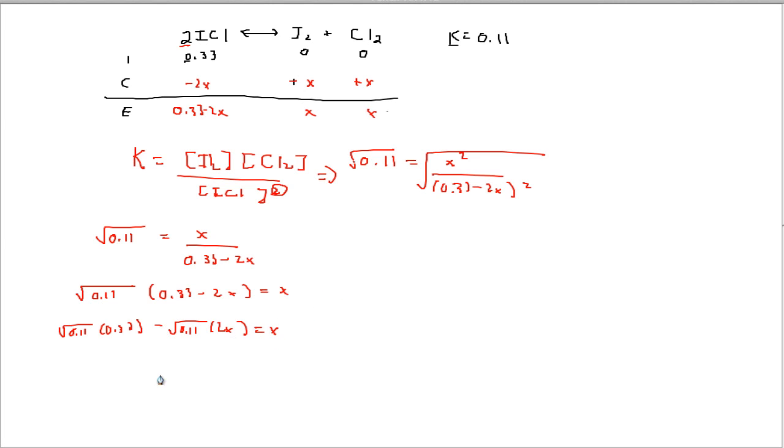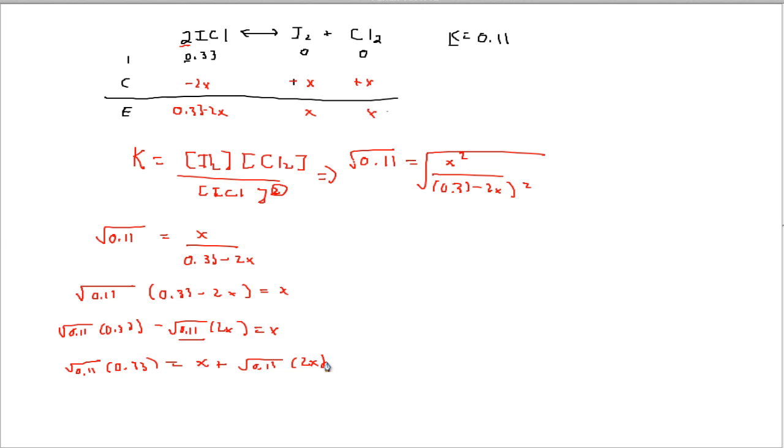So we put all our x variables onto the same side, which gives us the root of 0.11 times 0.33 is equal to x plus the root of 0.11 times 2x, and let me just plug that into the calculator and see what values I get.